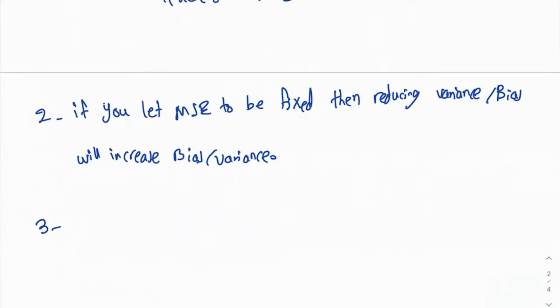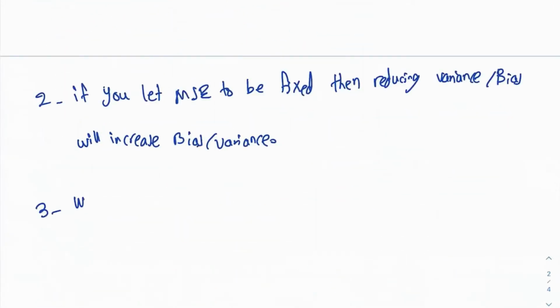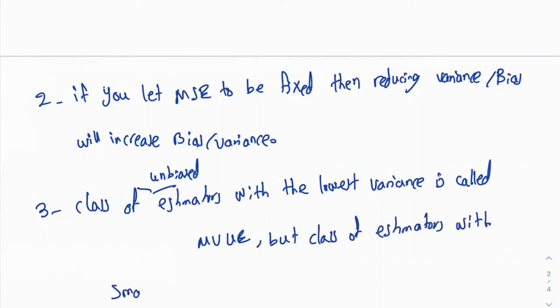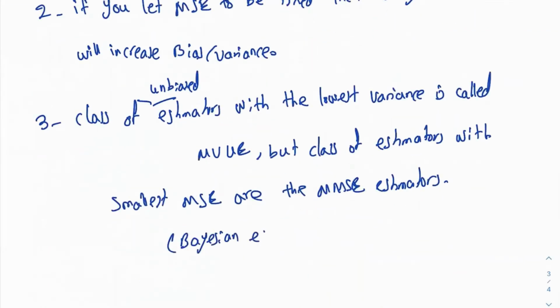Now, another point I want to make about this one. When you say the class of unbiased estimators with the lowest variance, that is called MVUE, but the class of estimators with the smallest MSE are the MMSE estimators.